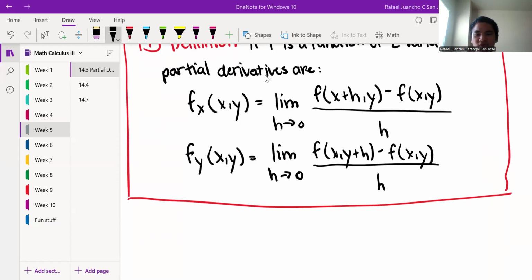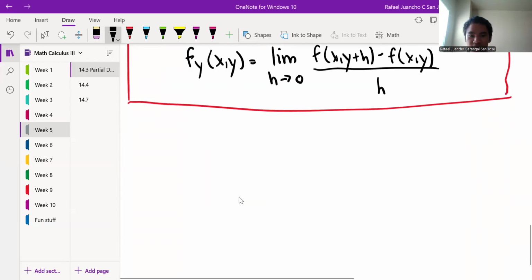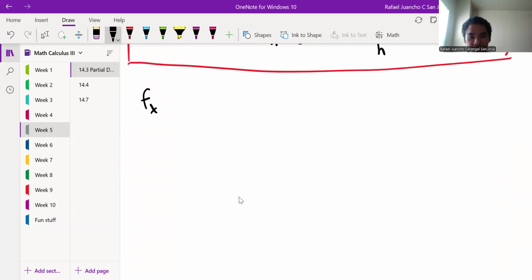And there are many alternative notations for partial derivatives. Instead of writing f sub x, we could write f sub 1, right?